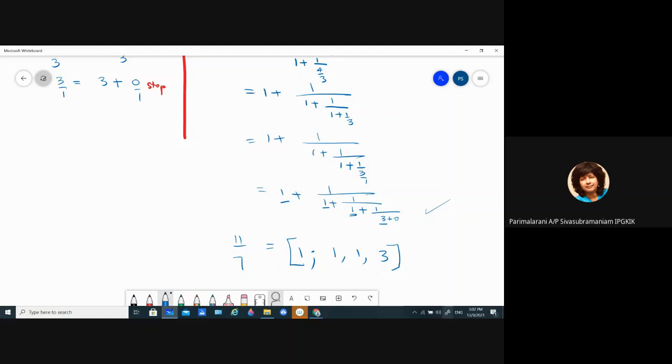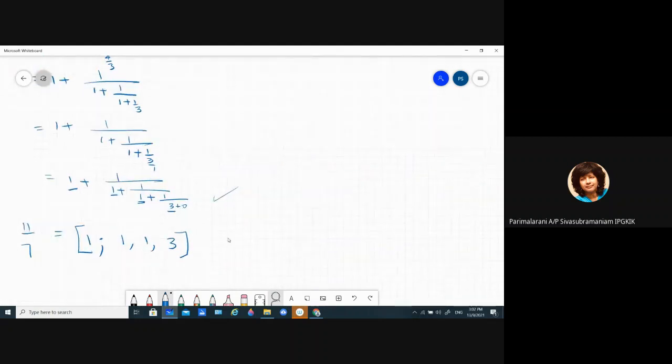Okay, so supposing you are given the continued fraction like this one here, say 1 plus 1 over 1 plus 1 over 1 plus 1 over 3. And they ask you to simplify this.